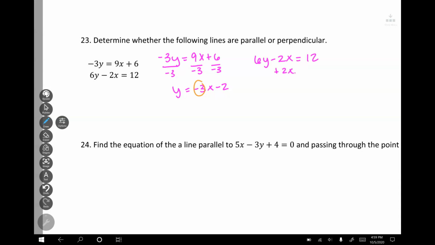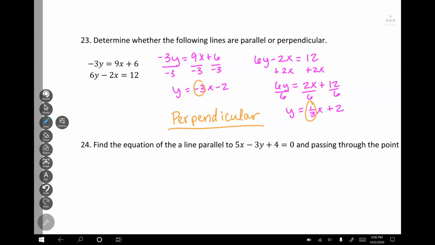Add the 2x. Divide by 6. Okay, I went ahead and reduced that fraction. My slope came out to 1/3. Because those two slopes are opposite reciprocals, these two lines are perpendicular. So you are solving each one for y so that you get y equals mx plus b, and then you can compare the slopes.